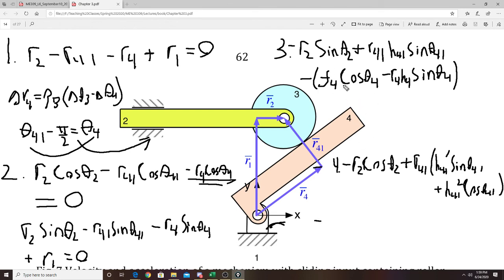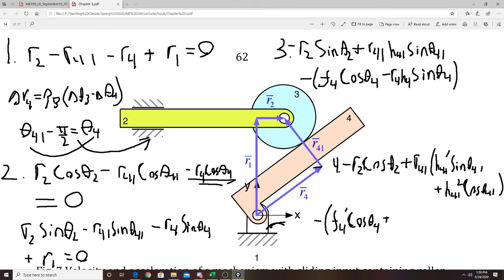Now we have to take the derivative of this and this. So let's start with the first one. So take the derivative. Once again, though, these are both variables. So therefore, we have to do the product rule again. So we have F4 prime, right? And times cosine theta 4. And then plus, and this one flips around, right?